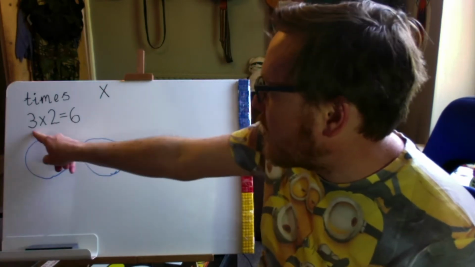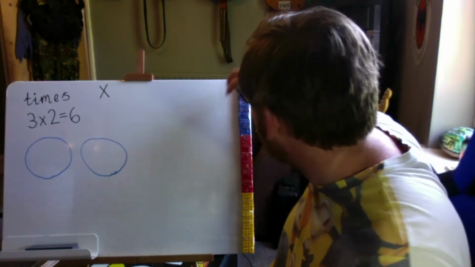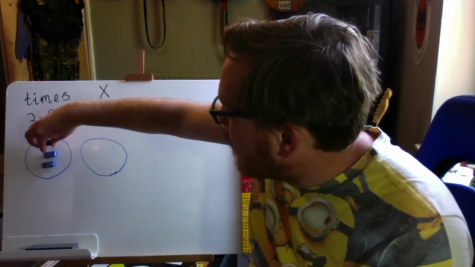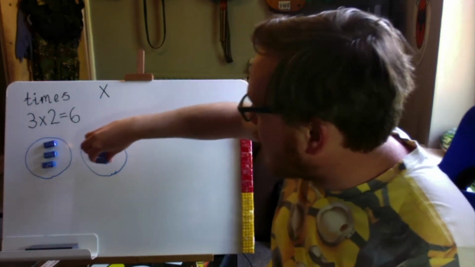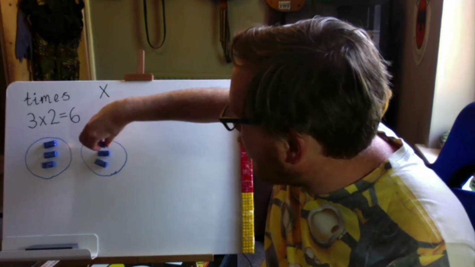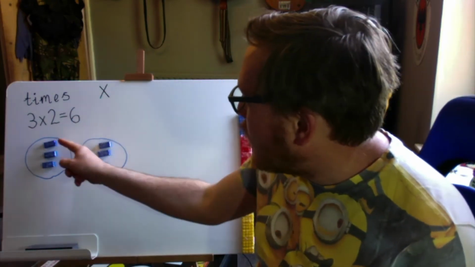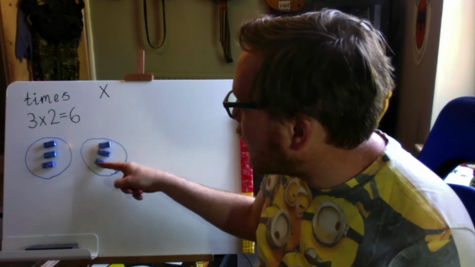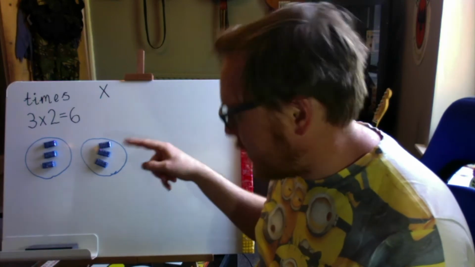So I'm going to make 3, and I'm going to do it 2 times. 1, 2, 3. 1 group of 3. 1, 2, 3. 2 groups of 3. 1, 2, 3, 4, 5, 6. My answer is 6. I add all of my groups together.